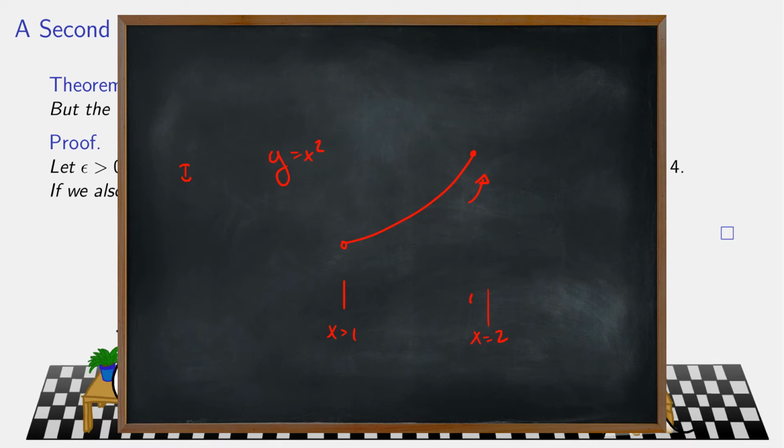So I can force a tiny choice of delta that works at the worst possible location, which in this case is over here. I just choose delta according to where it was changing the fastest. And that choice of delta will therefore work everywhere else as well. And since one choice of delta functioned just fine everywhere, we did get uniform continuity.